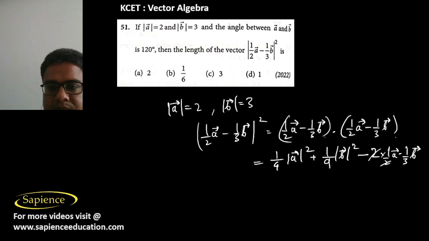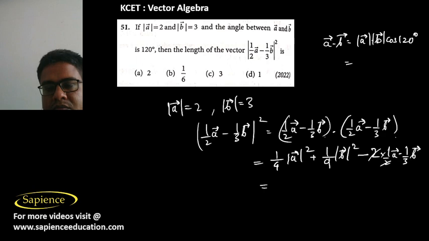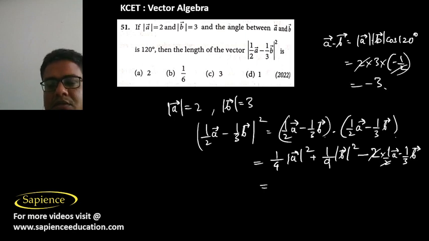Then 2 will cancel. Angle between A and B is 120. So A dot B is mod A into mod B into cos 120 degrees. Cos 120 is minus half. So this is 2 into 3 into minus half. 2 and 2 will cancel, that is minus 3.